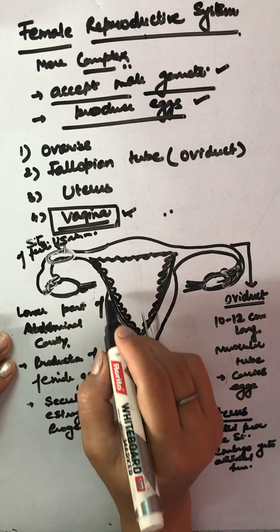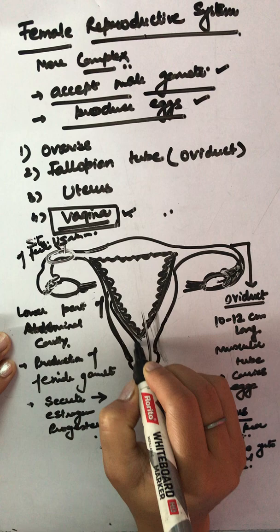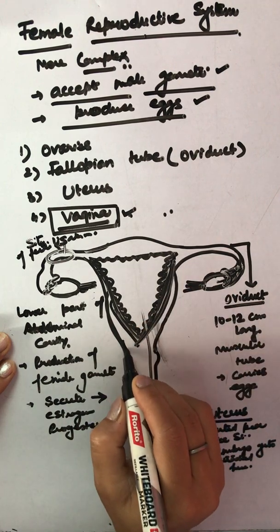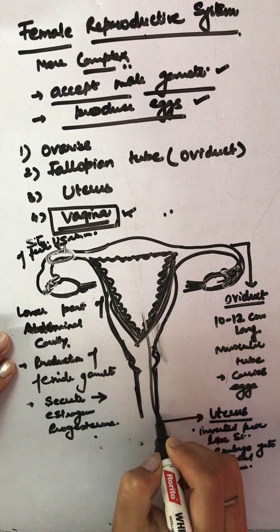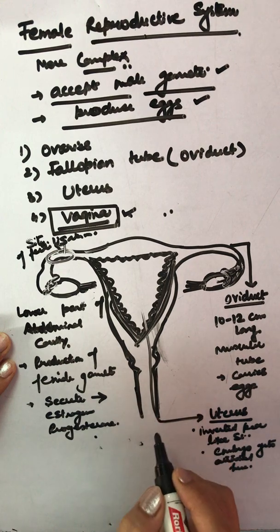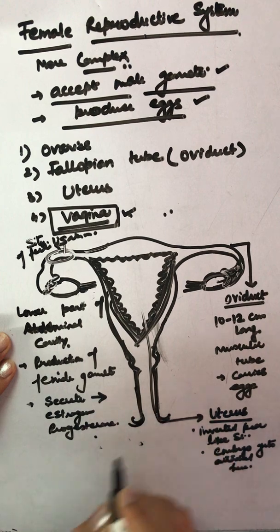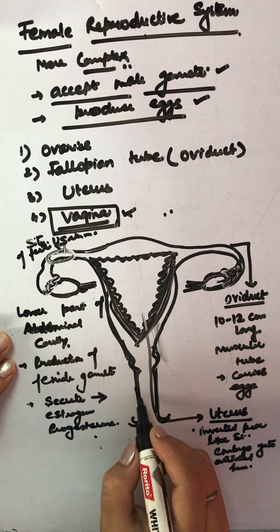Then we come to this long narrow tubular structure. This long narrow tubular structure is a muscular tube which is about 7 to 10 centimeters long, and we call it vagina.